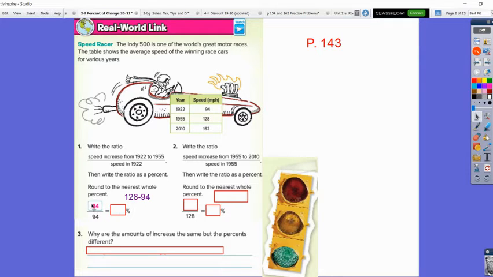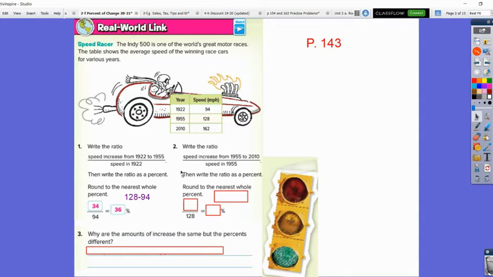And what is the percent? So 34 divided by 94 comes out to 0.36 or 36%. That means that the speed increased by 36% from 1922 to 1955. All right, so let's see what happened from 1955 to 2010.